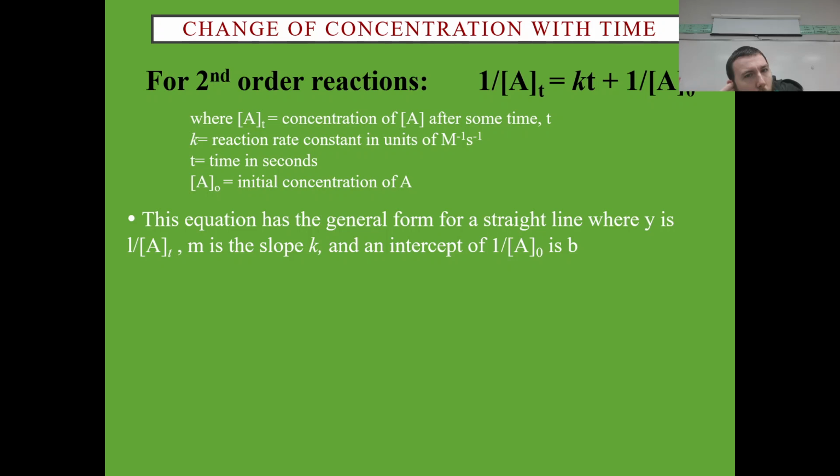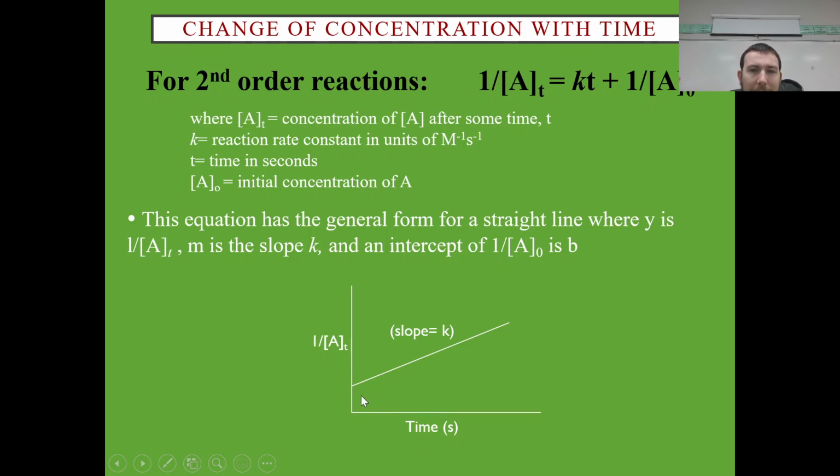Now, again, this equation has the general form for a straight line, where our 1 over At term is y, kt represents mx, and then 1 over A naught is the y-intercept, which is our b component within our slope-intercept form. Now, if you were to plot on a graph the 1 over concentration with respect to time data, and you end up with a positively sloping straight line, then that's going to communicate to you that you have a second order process.